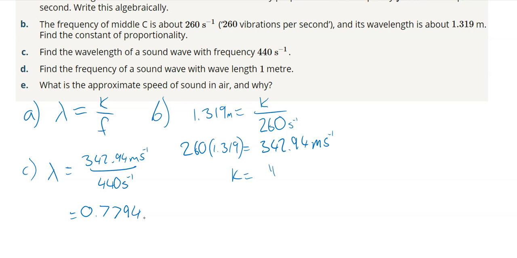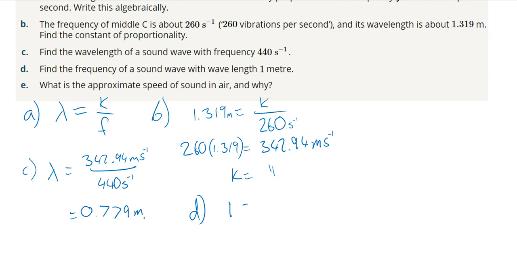Okay, 7794. They've gone to 779, so we'll leave it there as well. And that was meters. So nearly a meter. Cool, not quite though. Now D: find the frequency of a sound wave with wavelength 1 meter. What's that going to be? Work backwards.